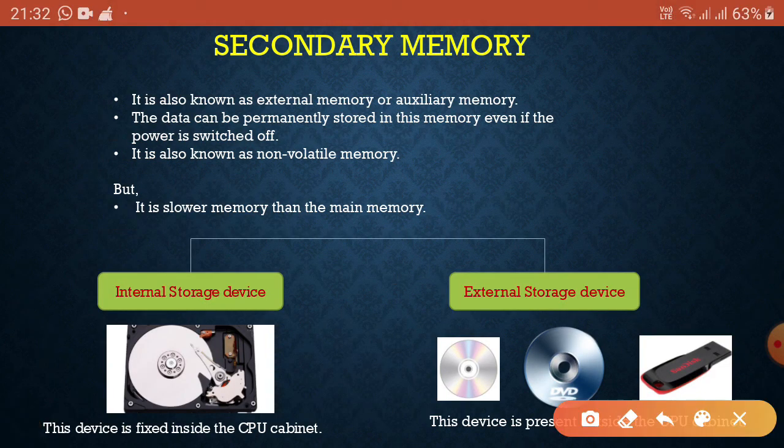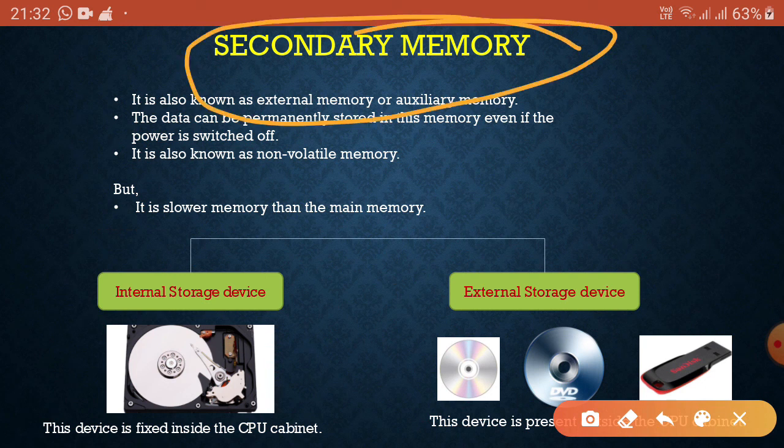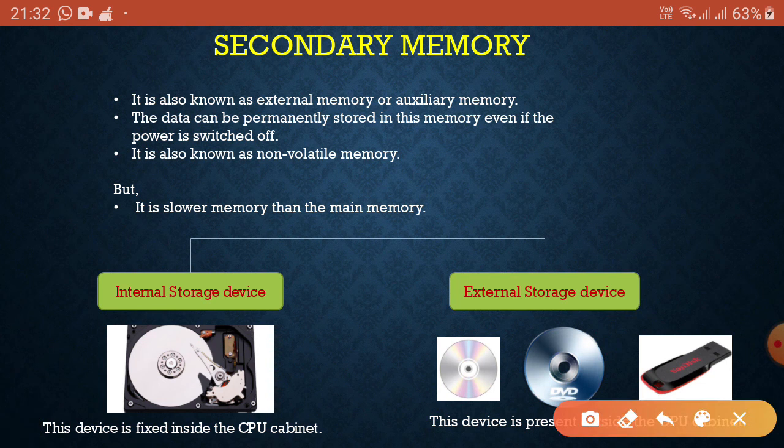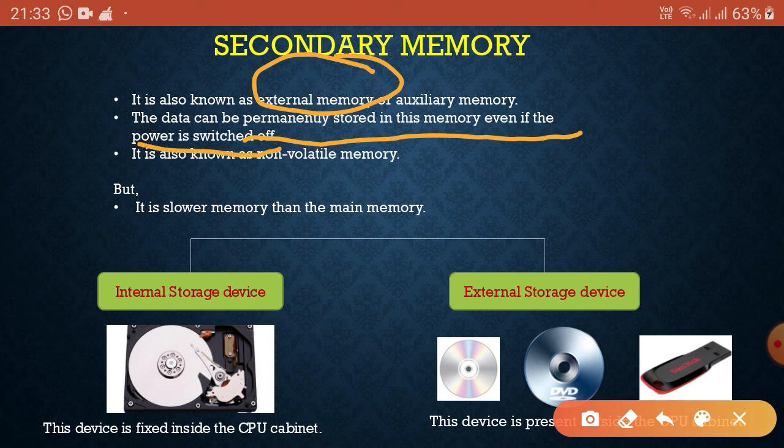Now the secondary memory. So what is the secondary memory? Secondary memory is the auxiliary memory, or the helping memory, for the computer. We can say that it is the external memory also. The data can be permanently stored in this memory even if power is switched off.